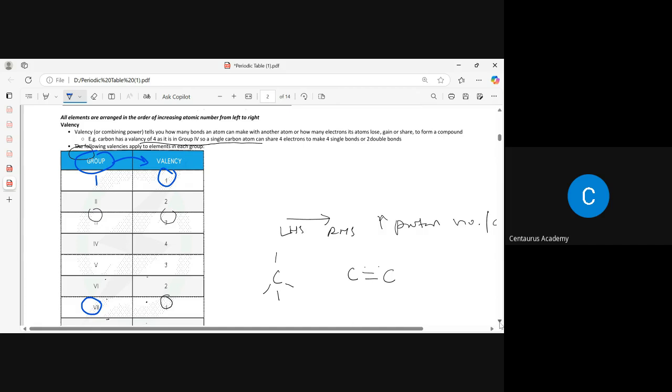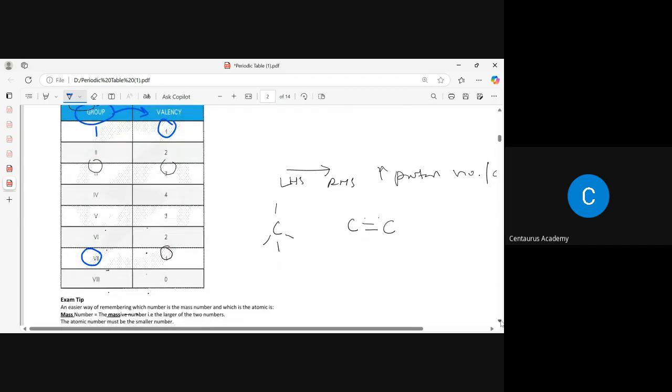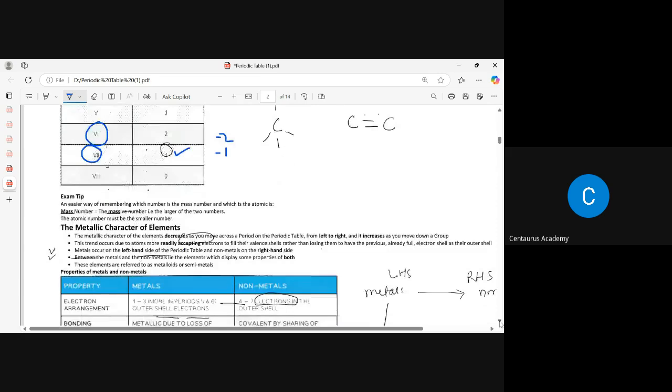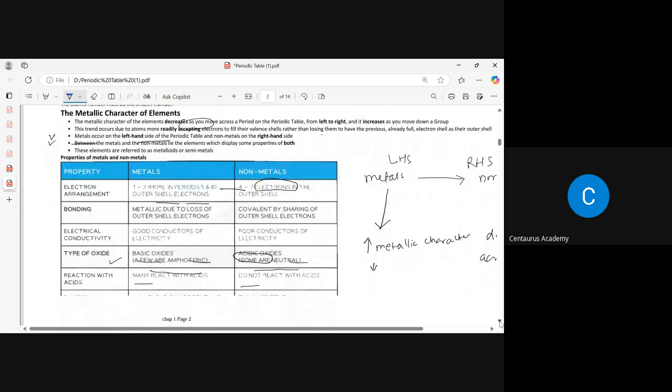That is the aim of any element, to achieve a noble gas configuration. By doing so, the valency tends to be -1. And for group 6, it is going to be -2, which means they are going to gain 2 electrons. A negative charge comes on the ion if they are gaining, and a positive charge comes on the ion if they are losing electrons.